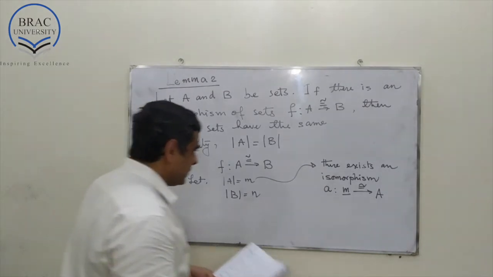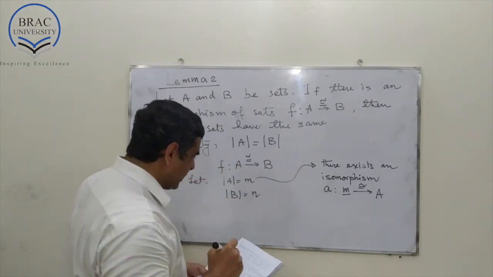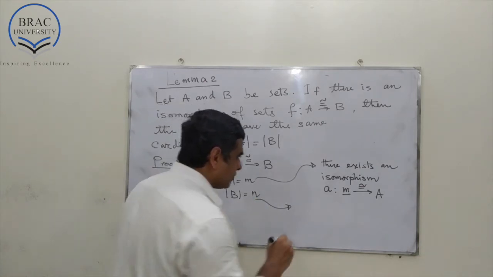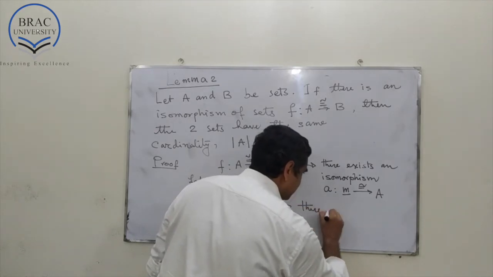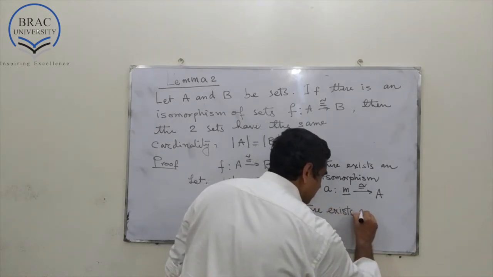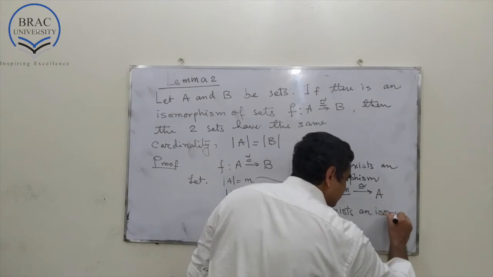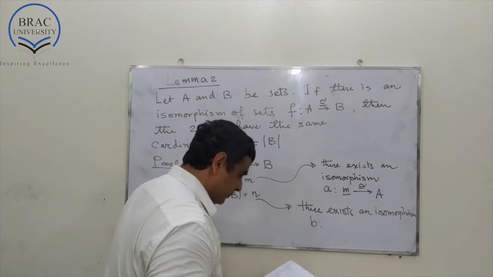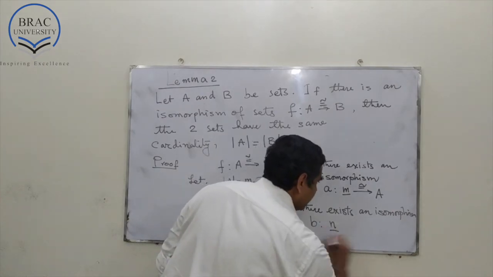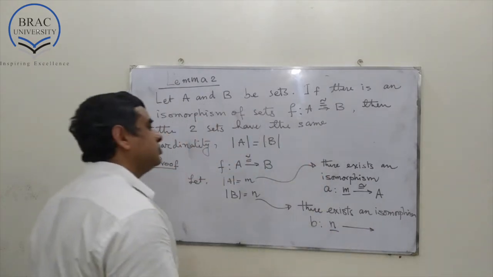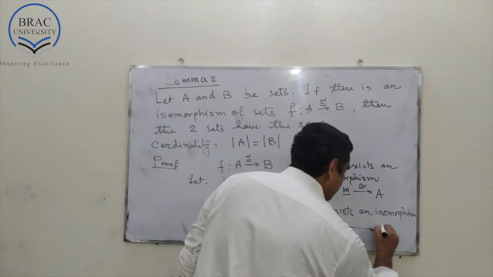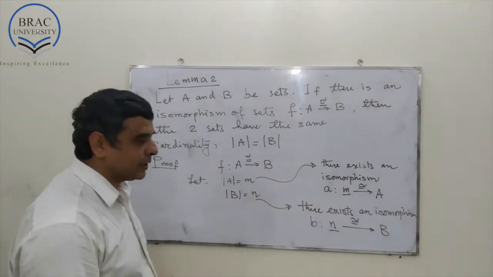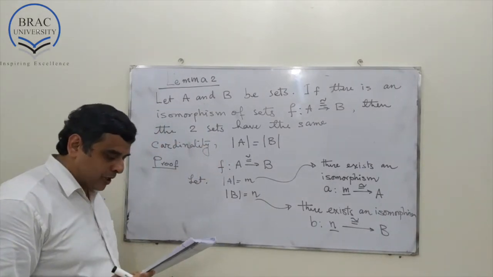And also, since the cardinality of B is given by the natural number n, there exists an isomorphism from underbar n to the set B, where underbar n means the finite set of first n natural numbers.